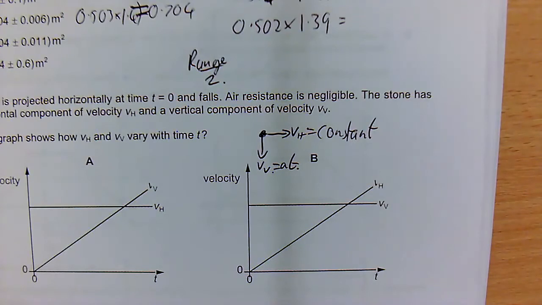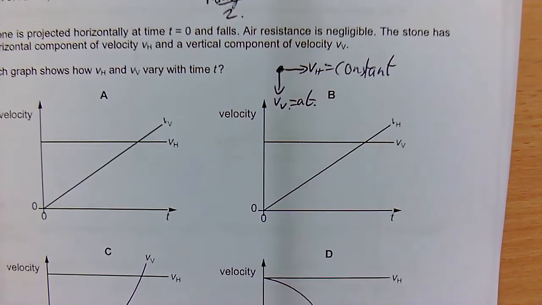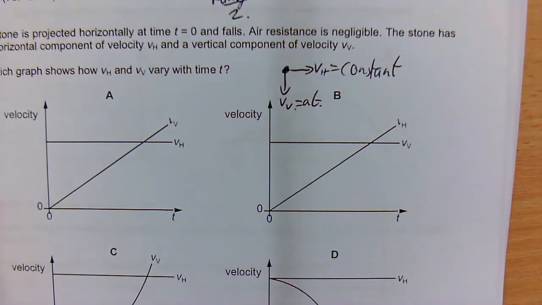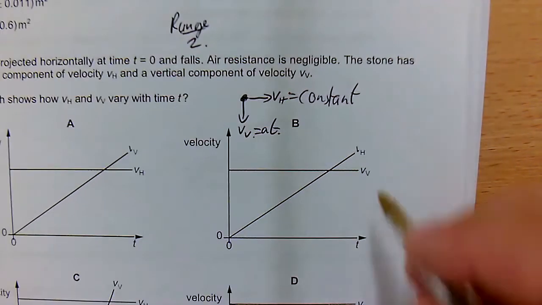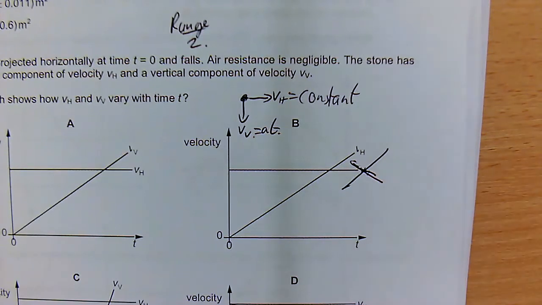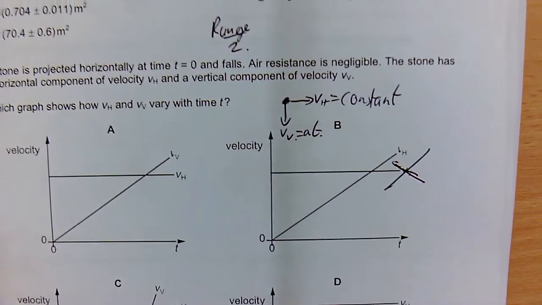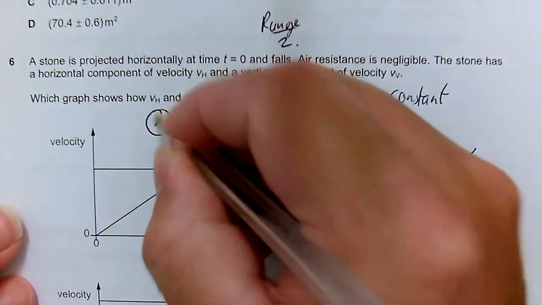So we're looking for a straight line through the origin where the vertical component of the velocity is increasing linearly, and where the horizontal component of velocity is the same. So this one's obviously wrong because that's got the wrong variable, so that's not it. Now, here we're looking for a linear increase, so it's A.